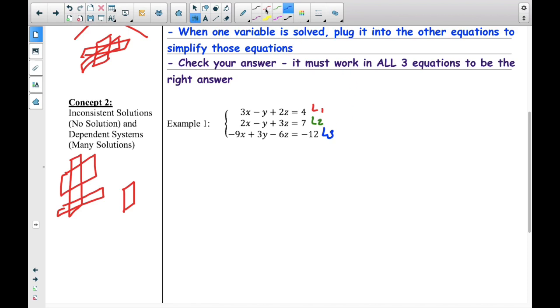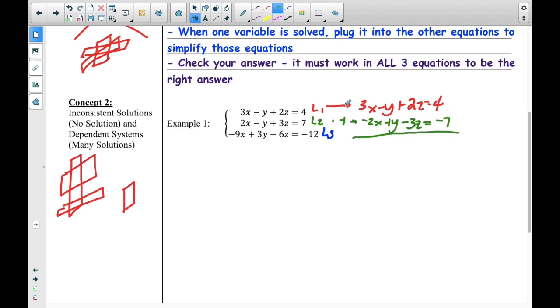All right, I'm going to take L1 and L2. I'm going to take L1 just the same way it is, 3x minus y plus 2z is equal to 4. And then I'm going to take L2 and multiply it by -1. So when I multiply that by -1, I get -2x plus y minus 3z is equal to -7.